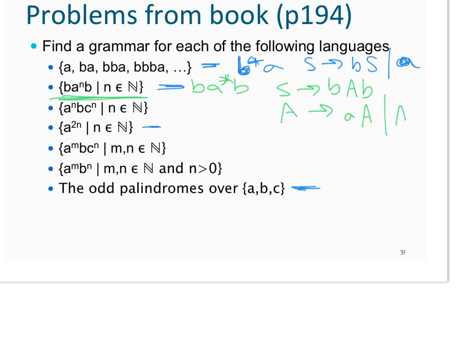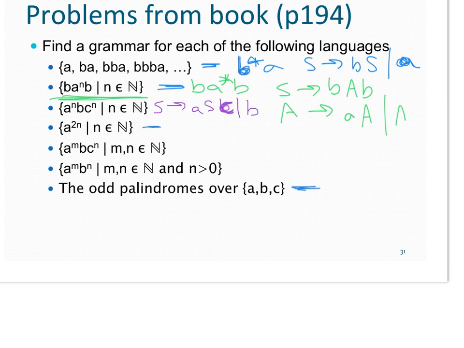So I'll do this one in purple, let's say, if I can get purple up. So this is going to be something like this. S goes to ASC, or stick a B in the middle.